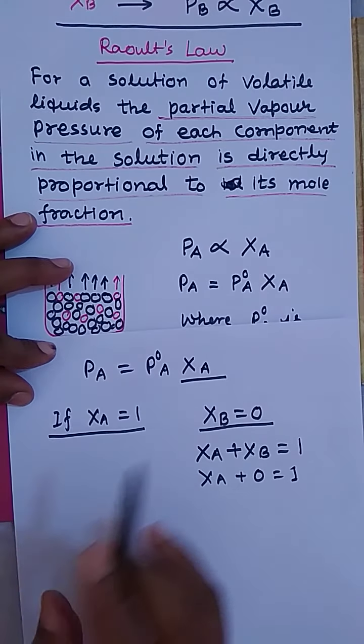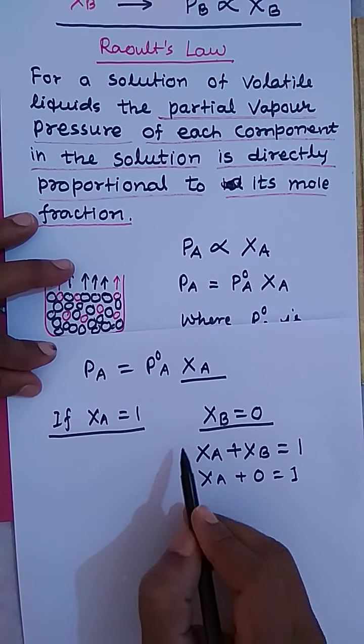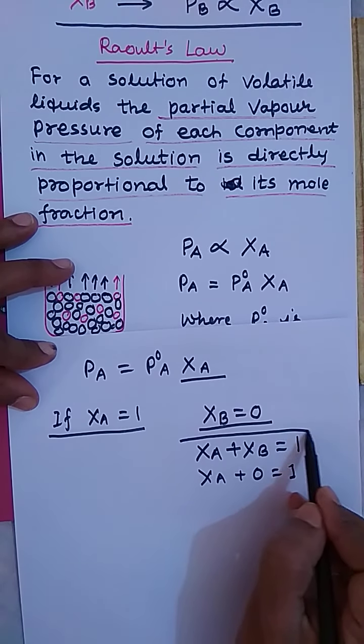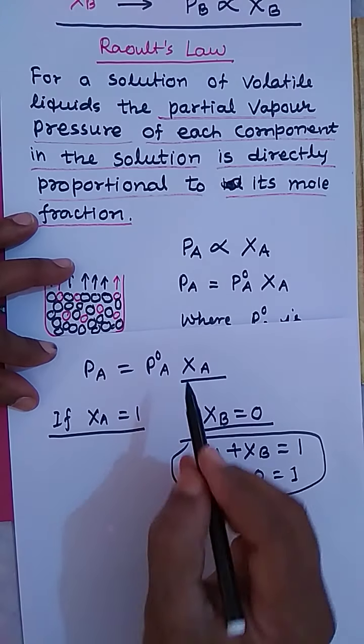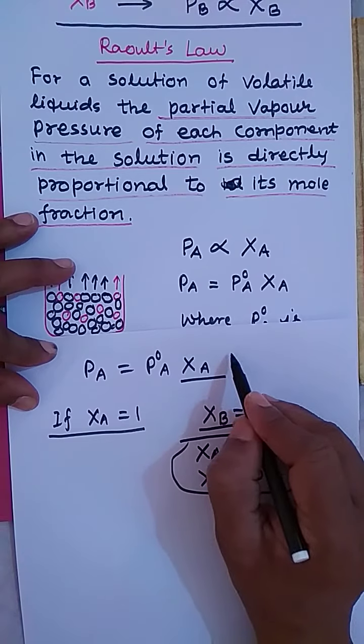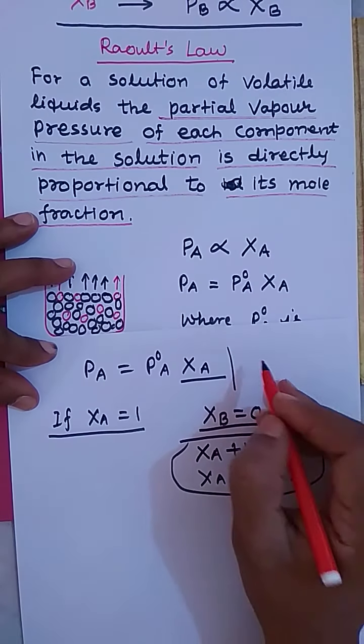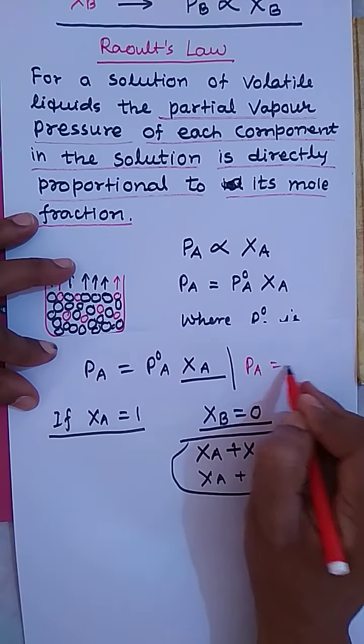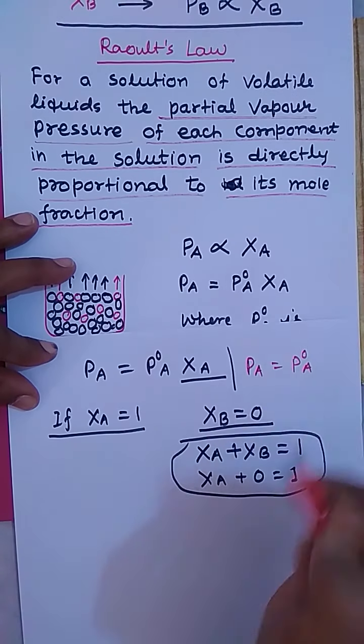That means in the solution there is no mole fraction of component B. So here you put the value of XA equal to 1, then PA equals P naught A. It is true.